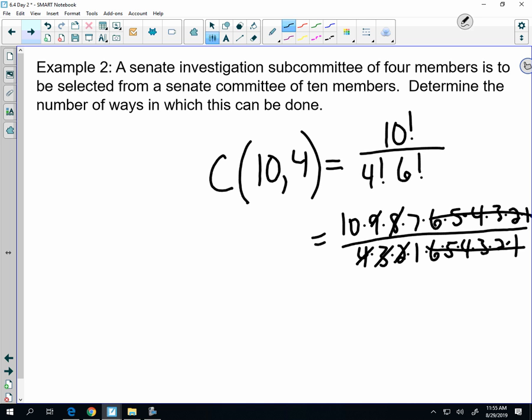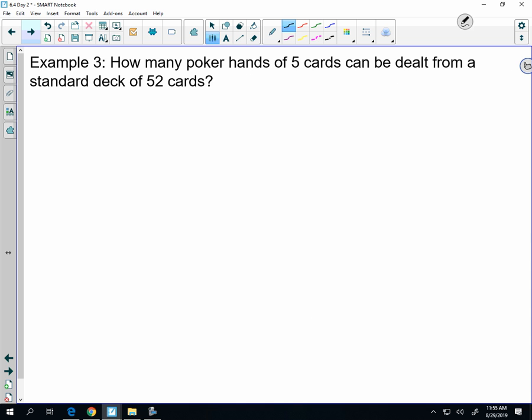And 3 divides into 9 3 times. And yes, you can use a calculator, but I can do this now without a calculator. 3 times 7 is 21, times 10 is 210 ways that this can happen. So there's 210 ways that that committee can be listed out. And no, we're not going to make a tree diagram of that.